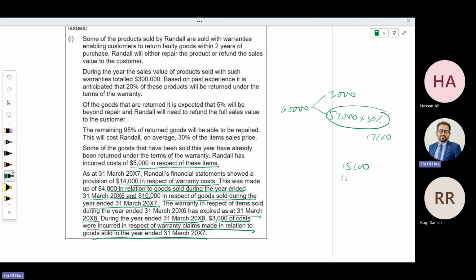Out of this, 10,000 was already there, so the remaining 5,100 they need to create more for 20x7. But they created how much? 14,000. This means at 20x7, they need to create 5,100 more, so that it becomes a total of 15,100 for 20x7.